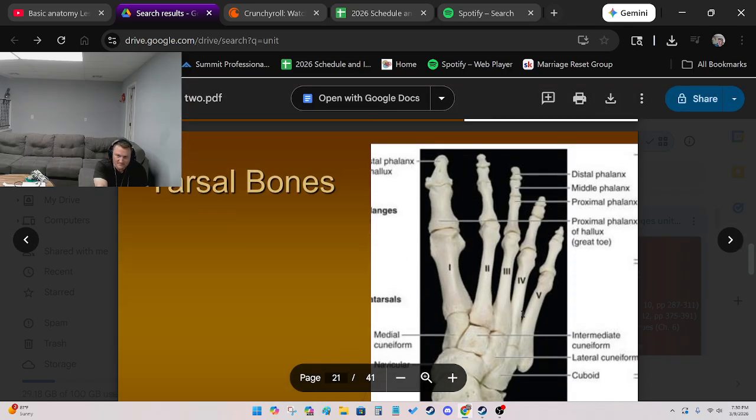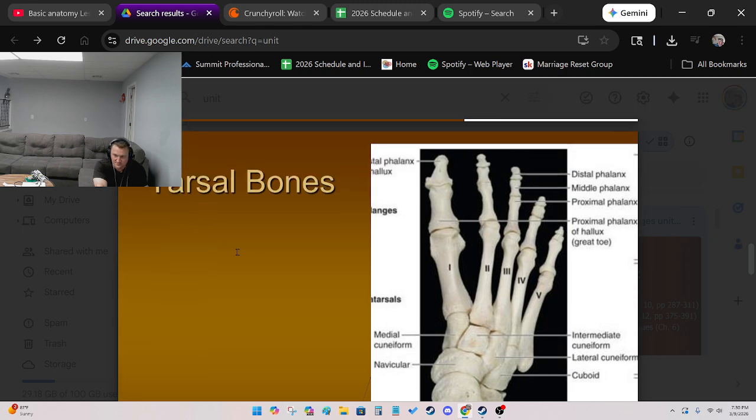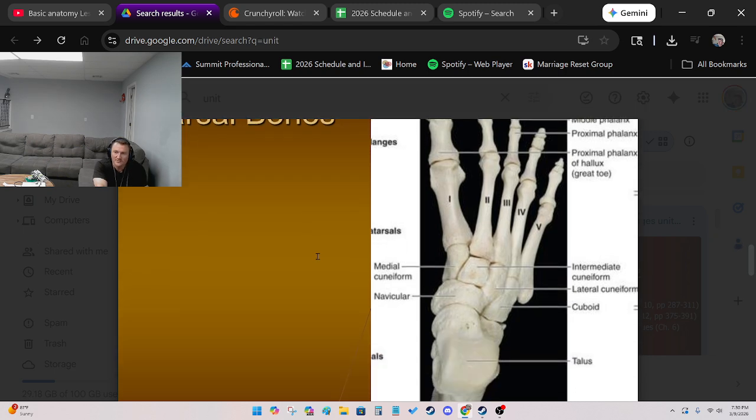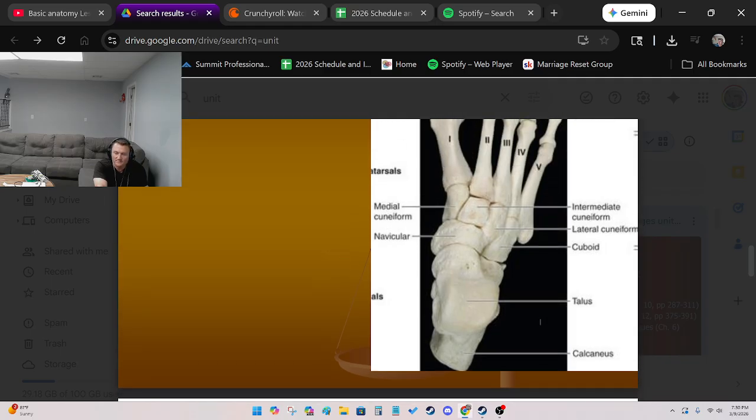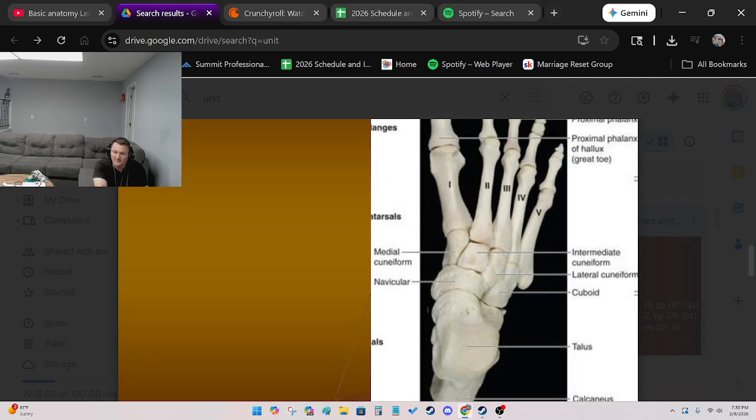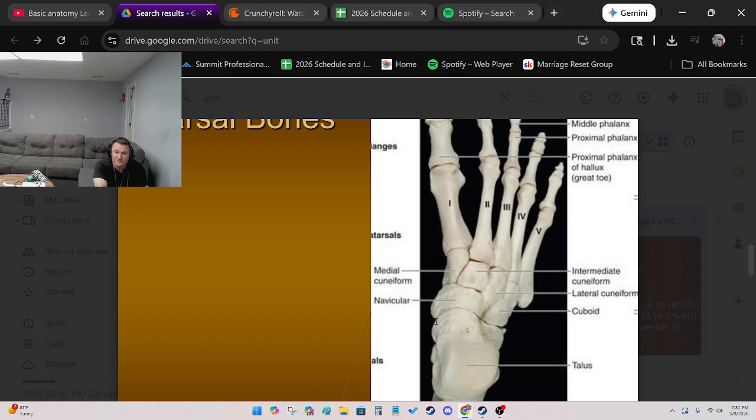Bones of the foot. Now tarsal bones. I'm moving kind of quick here, guys, but just out of necessity. Tarsals are the actual ankle and foot bones. This is what actually makes up your ankle, the tarsals. Those are the bones of the joint.